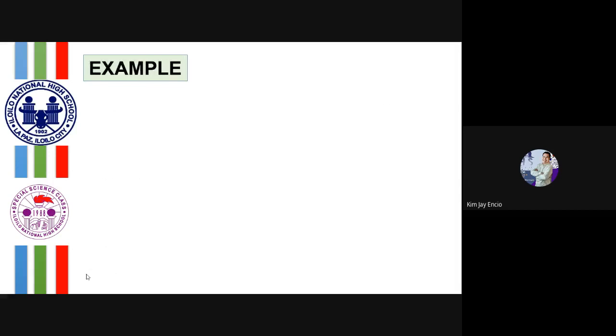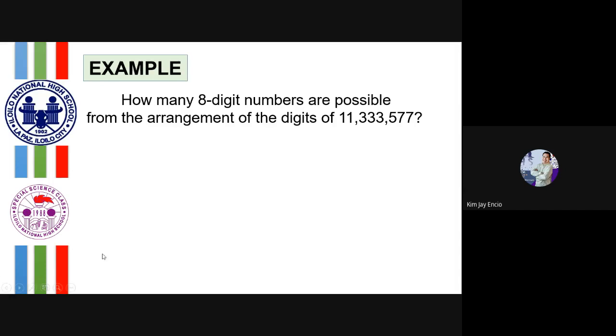Next, how many 8-digit numbers are possible from the arrangement of the digits of 11,333,577? So for your solution, we see that n is 8. How come 8? Because of course 1, 2, 3, 4, 5, 6, 7, 8. There are 8 digits, and all 8-digit numbers will be determined using the digits of this number.